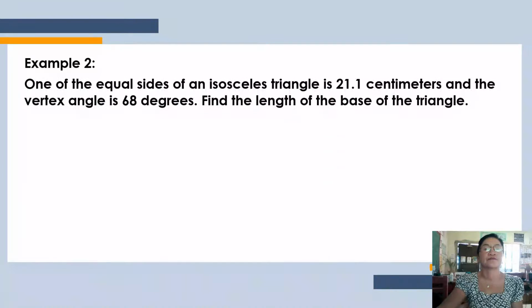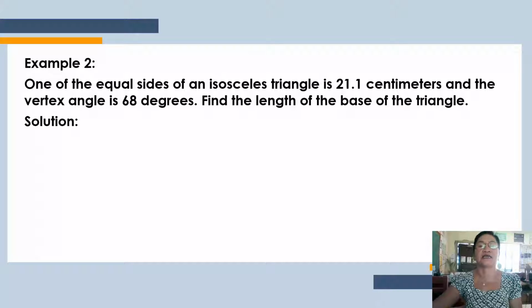Let's have another one. So that is example number 2. One of the equal sides of an isosceles triangle is 20.1 centimeters and the vertex angle is 68 degrees. Find the length of the base of the triangle.